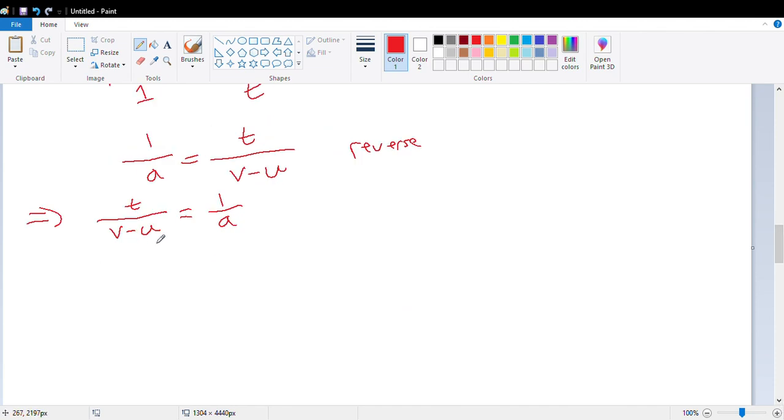Now the last step I need to do is get rid of this v take u. Notice I've grouped it together because it is one object, because it's all underneath the fraction. So I'm going to rewrite the equation twice.